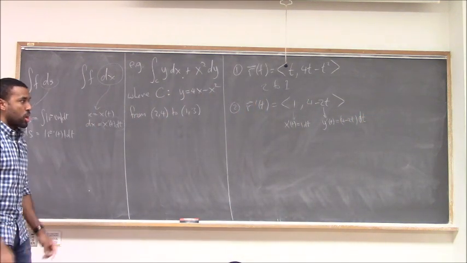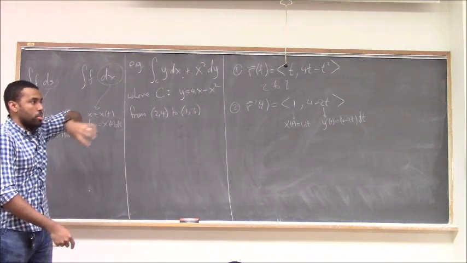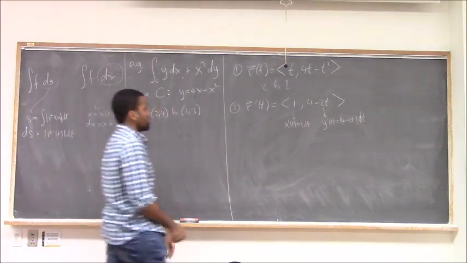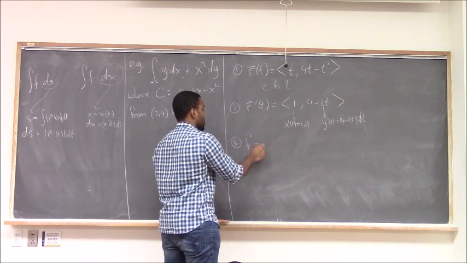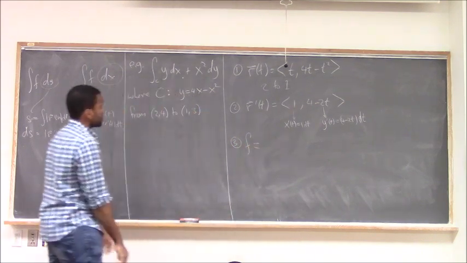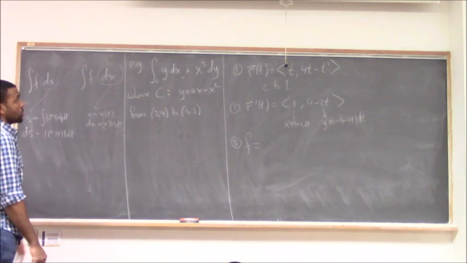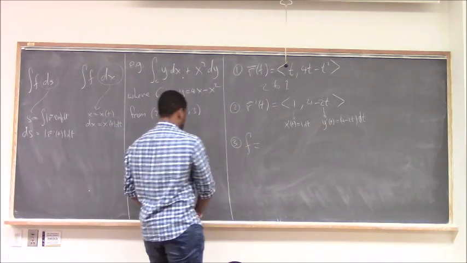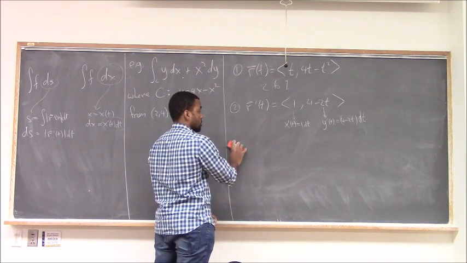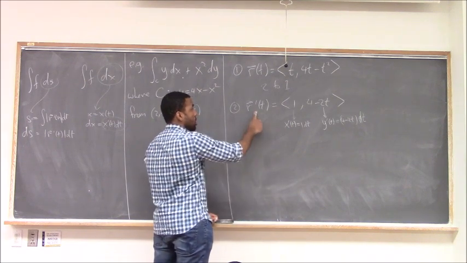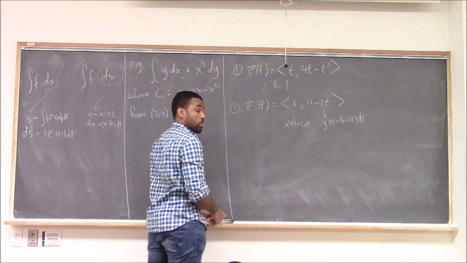The r prime is going to tell you separately what your x prime and y prime are. We don't need the magnitude here, so we just go straight to figuring out what our function f is. Excuse me, professor, shouldn't the x prime? Oh, never mind. Yeah, r prime is x prime comma y prime. Okay, yeah.